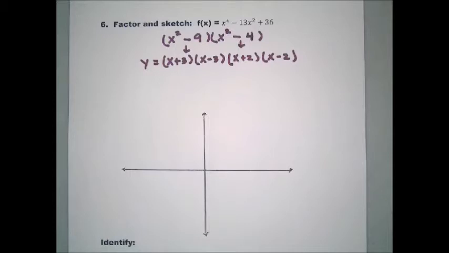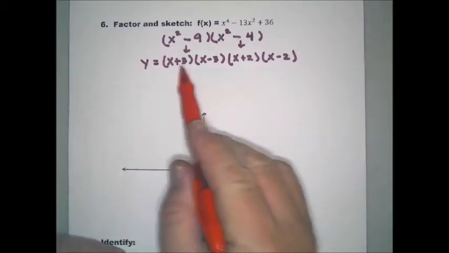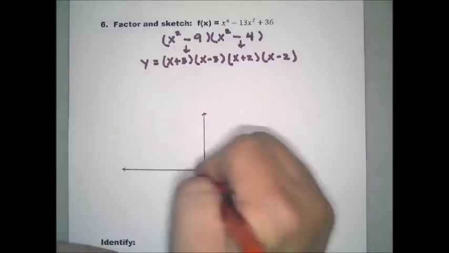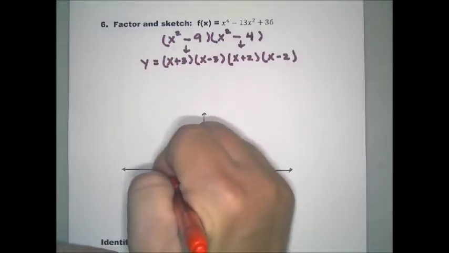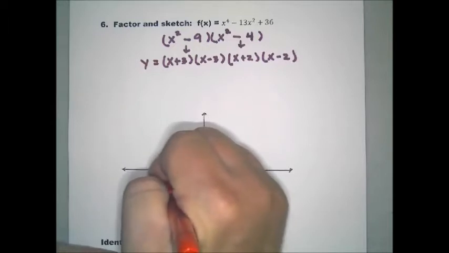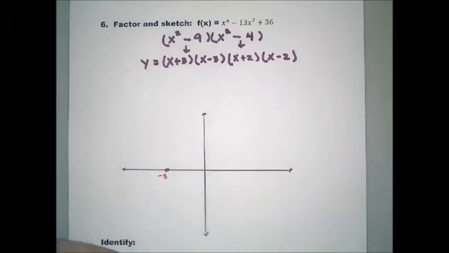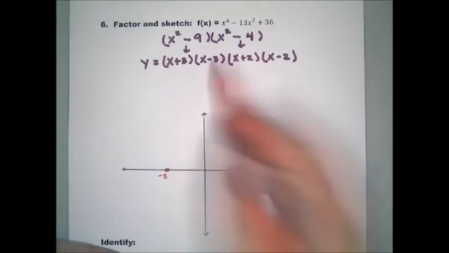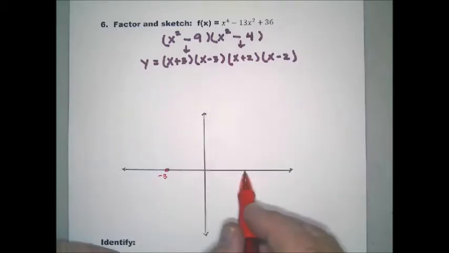Now that it's in its fully factored form, I know where all the x-intercepts are, and they're all singles, so each one of them is a pass-through. This factor would make negative 3 an x-intercept. This factor would make positive 3 an x-intercept, so try to go about the same distance.